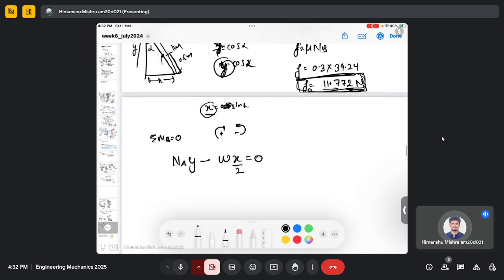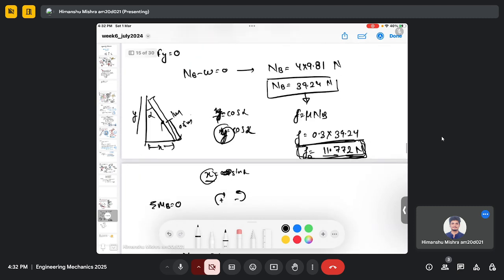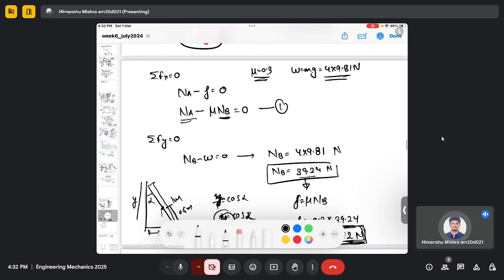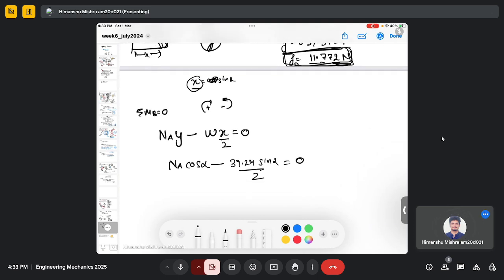So this will be NA cos alpha minus W, which is 39.24, times sine alpha divided by 2 equals 0. So from this relation we can actually calculate alpha.